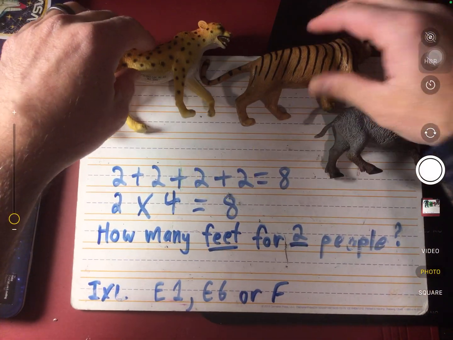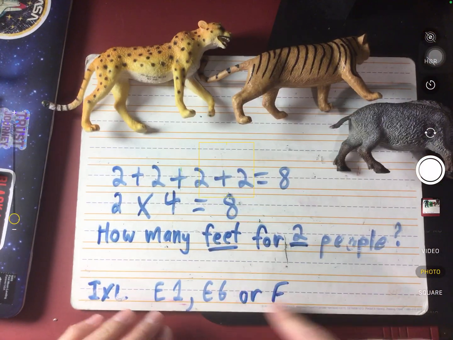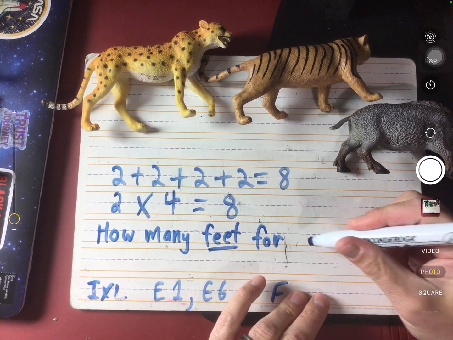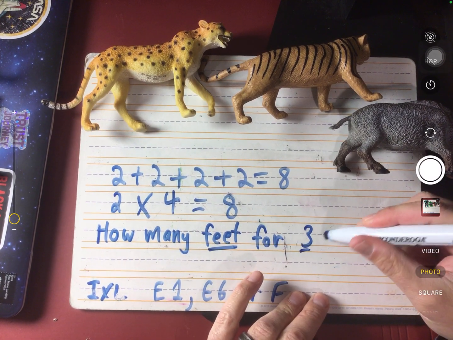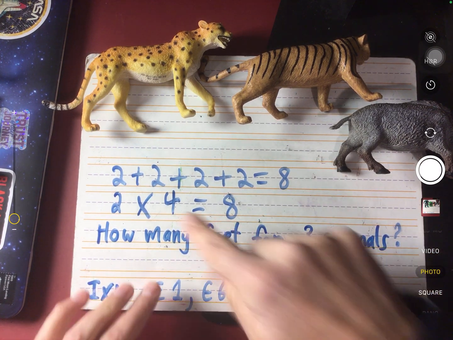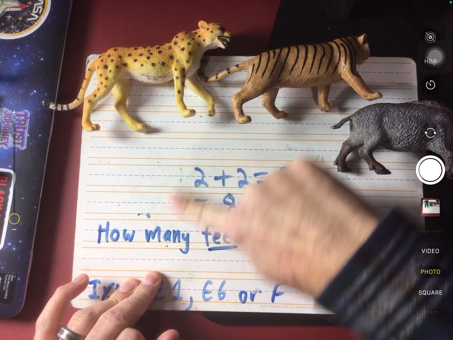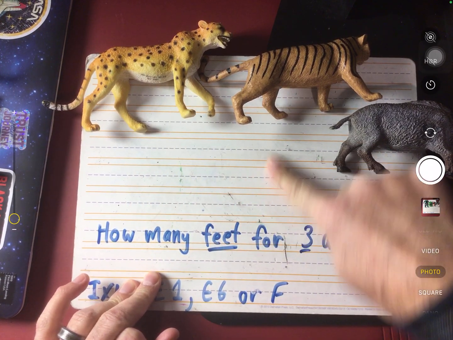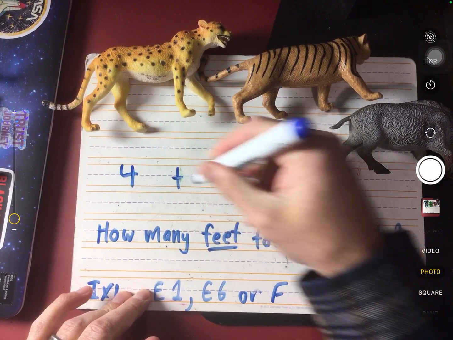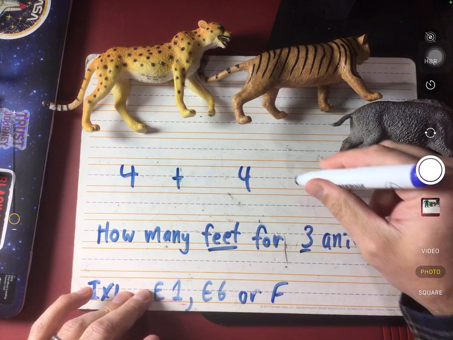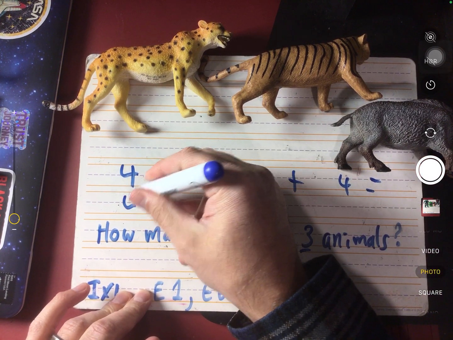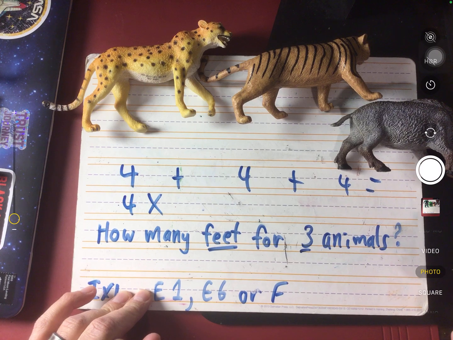Now, how many feet for 3 animals? Well, all of my animals are mammals, and all of them have 4 feet. So I could do 4 plus 4 plus 4, or I could just do 4 times, well, how many groups do I have?